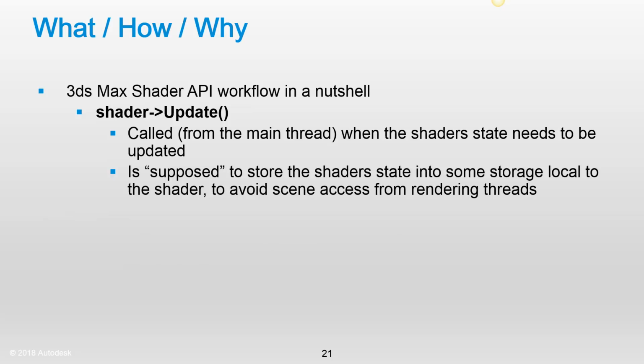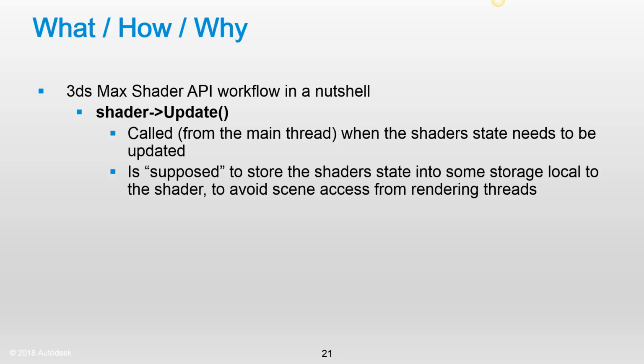Now, the workflow for a 3ds Max shader is basically this. First, there's a function called update. This is called by the main thread when the shader states need to be updated. What it's supposed to do is to take whatever is in the parameter of the shader, information from the scene and all this kind of stuff, and then it's supposed to store it locally in the shader.